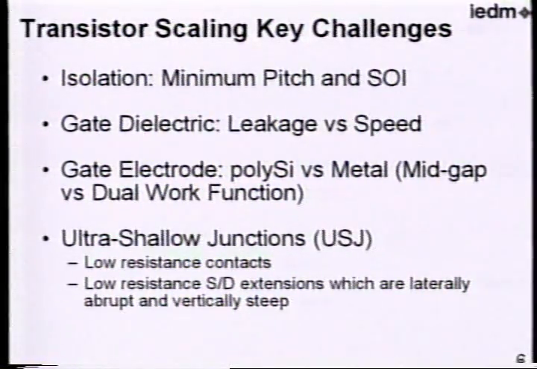In terms of the junctions, of course, we've been talking about ultra shallow junctions, and I might call them super ultra shallow now, because as we look at some of the structures we'll be talking about through this talk, we'll also see that things like raised source drains will be required if we want to keep a planar structure and look at very thin silicon bodies. But in general, we have to have low series resistance contacts in order to keep the I drive for the transistor.